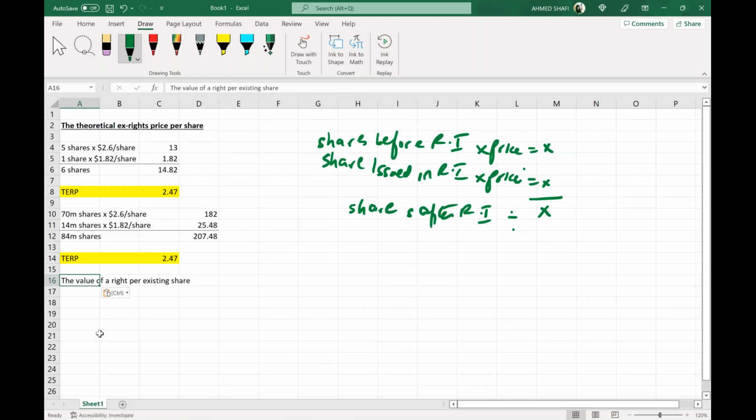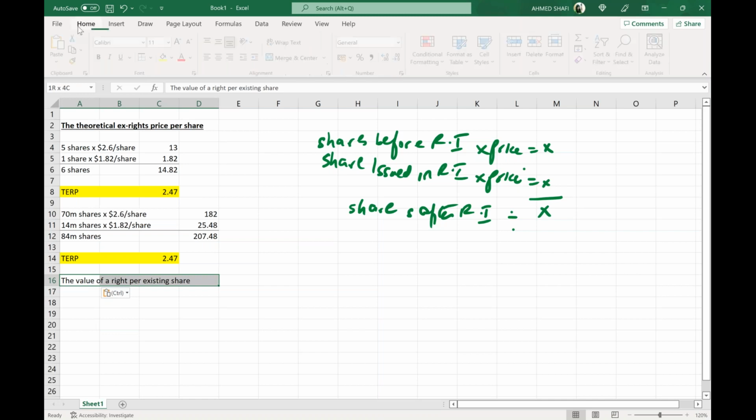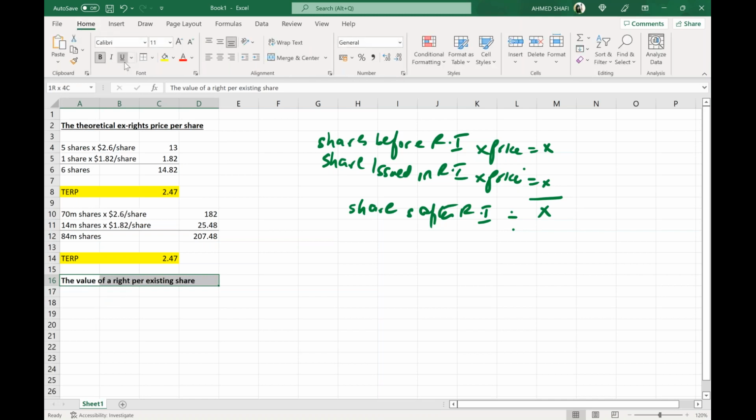Second requirement is value of right per existing share. Now how do we get value of right per existing share? To get value of right per existing share, we first need value of right per new share.